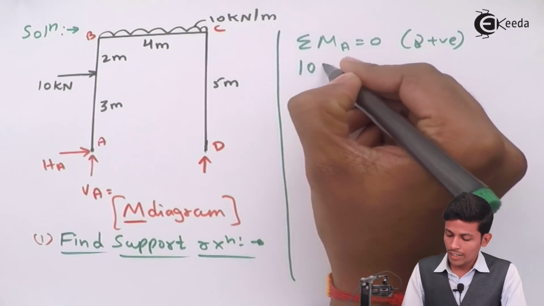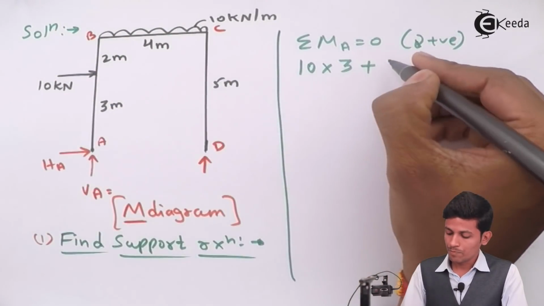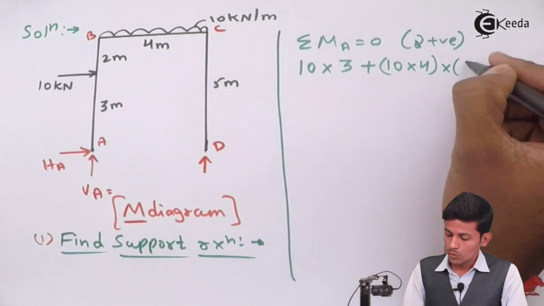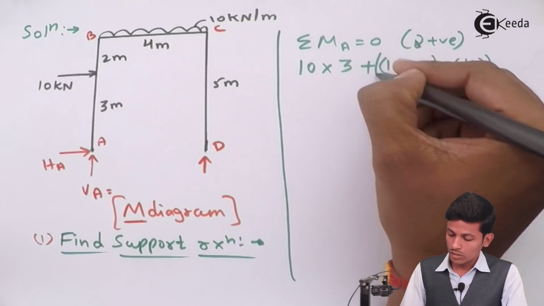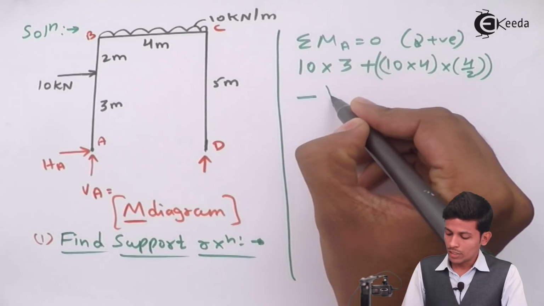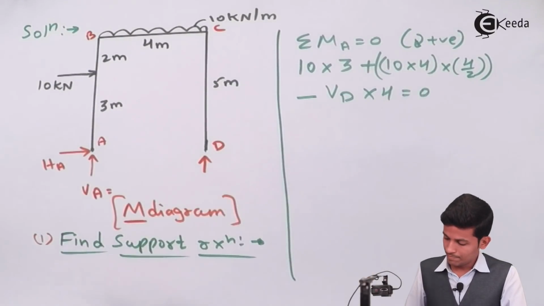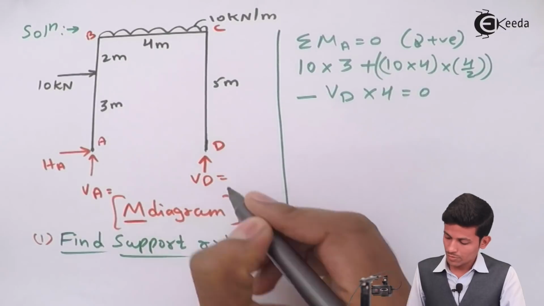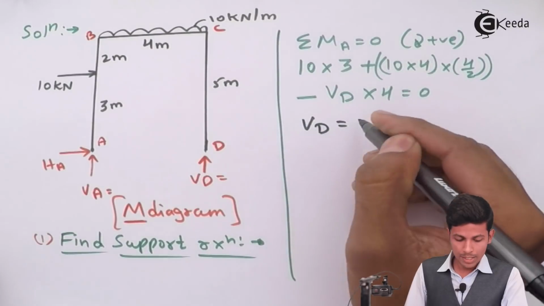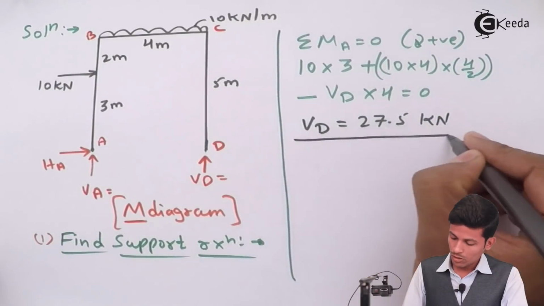So 10 into 3, force into perpendicular distance, then plus the UDL, 10 into 4 into 4 by 2, which is force into perpendicular distance of the UDL, then minus VD into 4 equal to 0. This is your VD. While solving this, you get the value of VD as 27.5 kilonewton, in the upward direction.